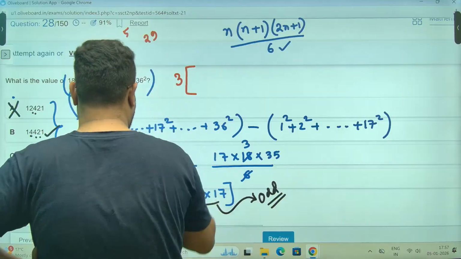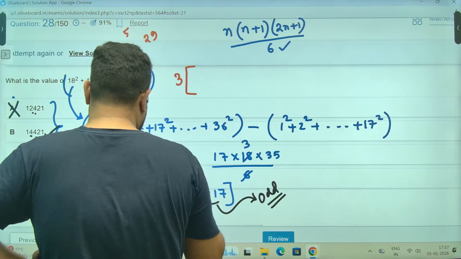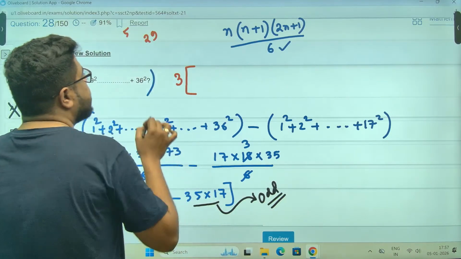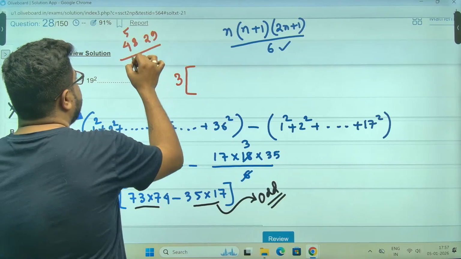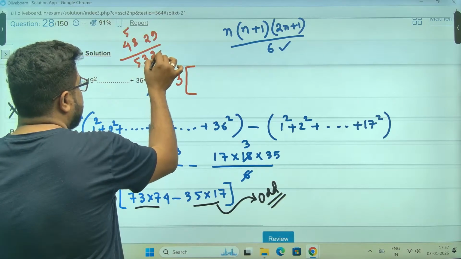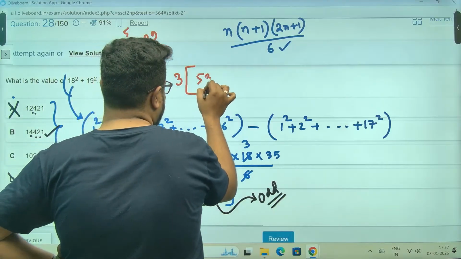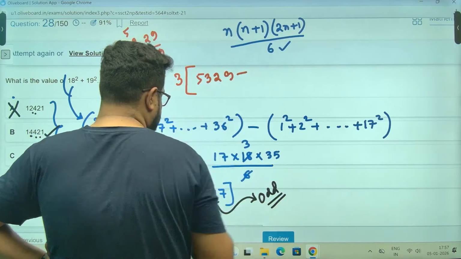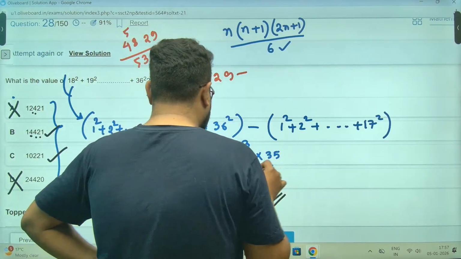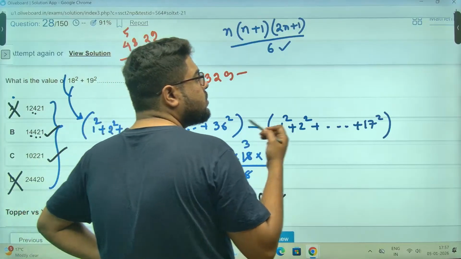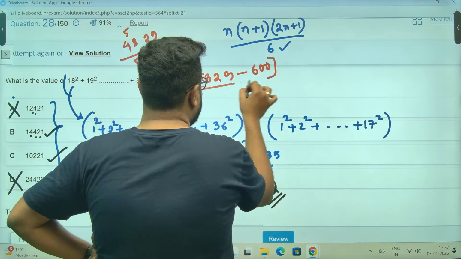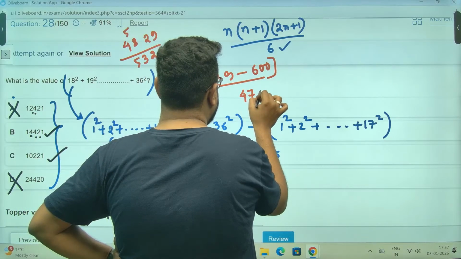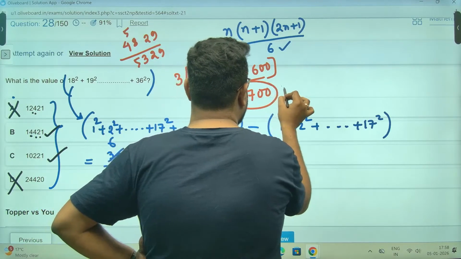I'm just writing 5, 25 plus 23, that is 48, right? 48 and 5, 53, 29. 53, 29 minus 289 into 2, 600 almost. So this is 4,700 almost into 3.